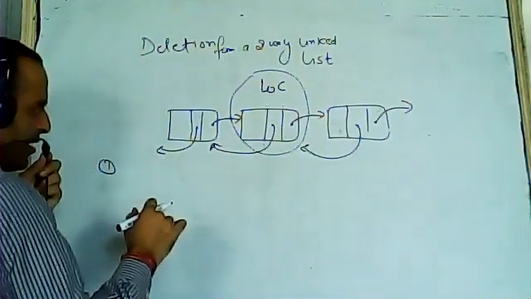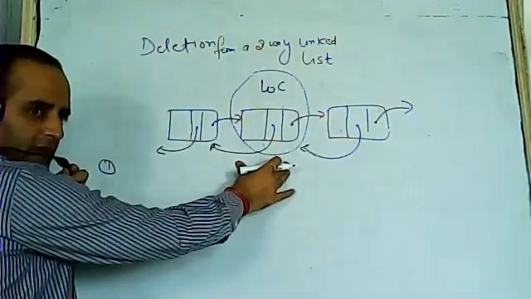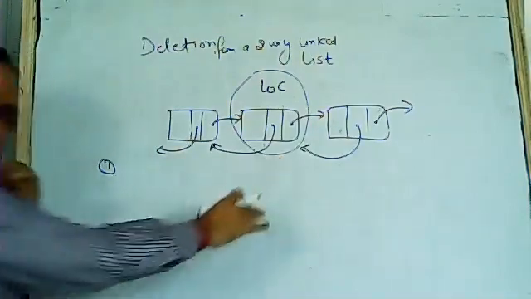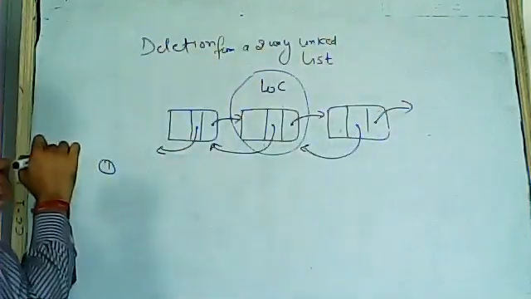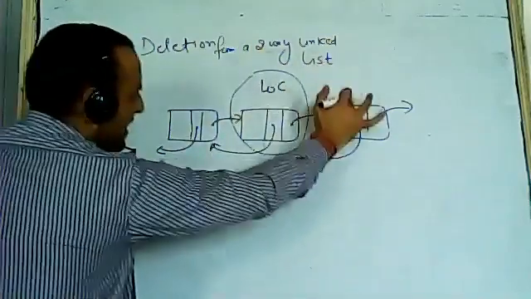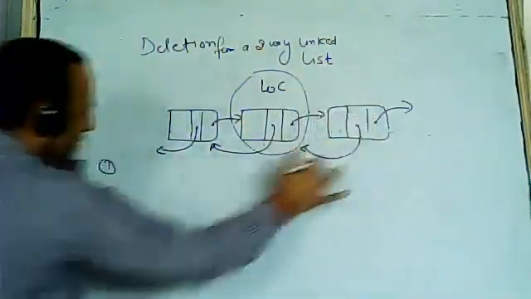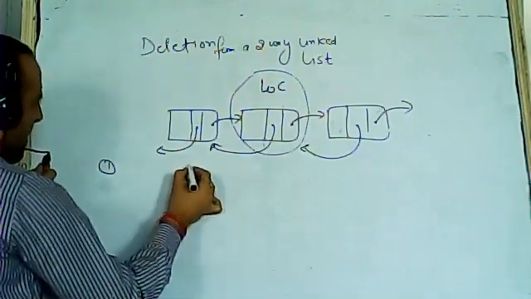Yes or no? If I delete this node, then this node will point to this node. If I delete this node, this pointer will point to here. So see, I am going to write a step.